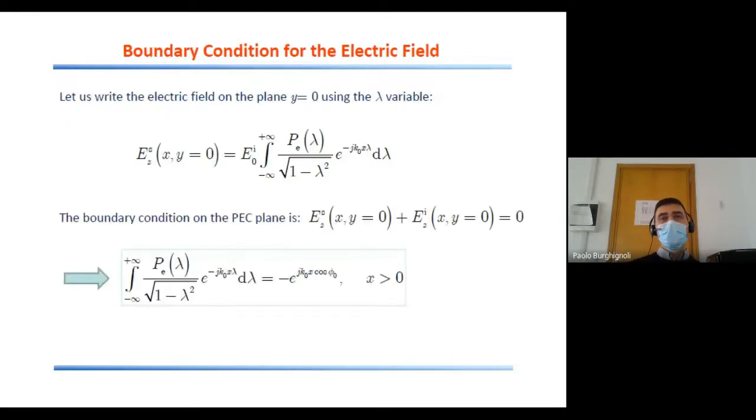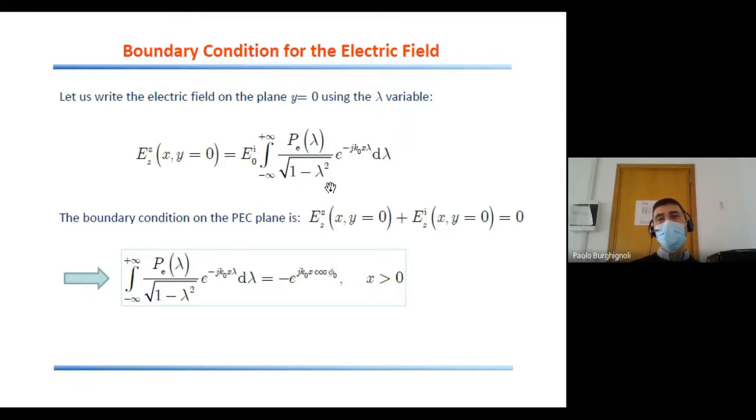In particular, we can write the electric field again using the lambda variable, and the expression is this one. It is proportional to the amplitude of the incident field and contains the unknown function t sub e, which is the spectrum, the root of 1 minus lambda squared, and a simple exponential.